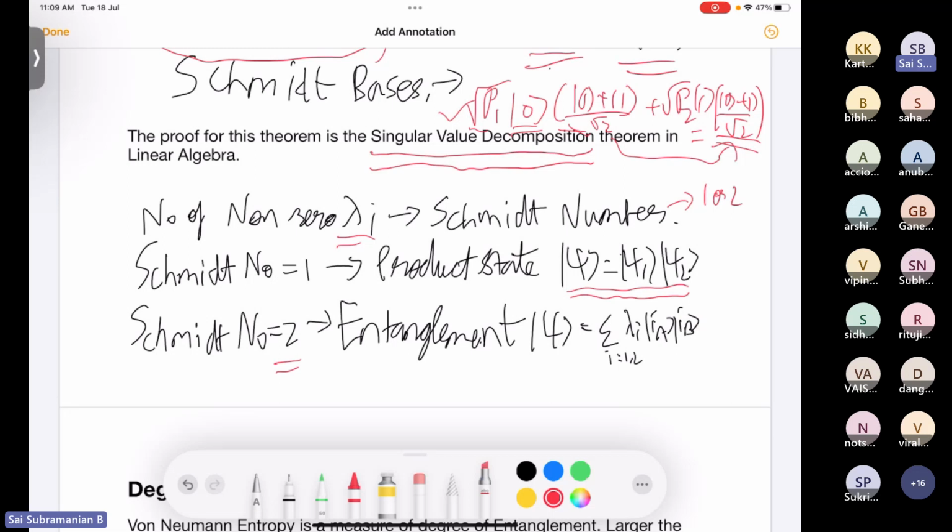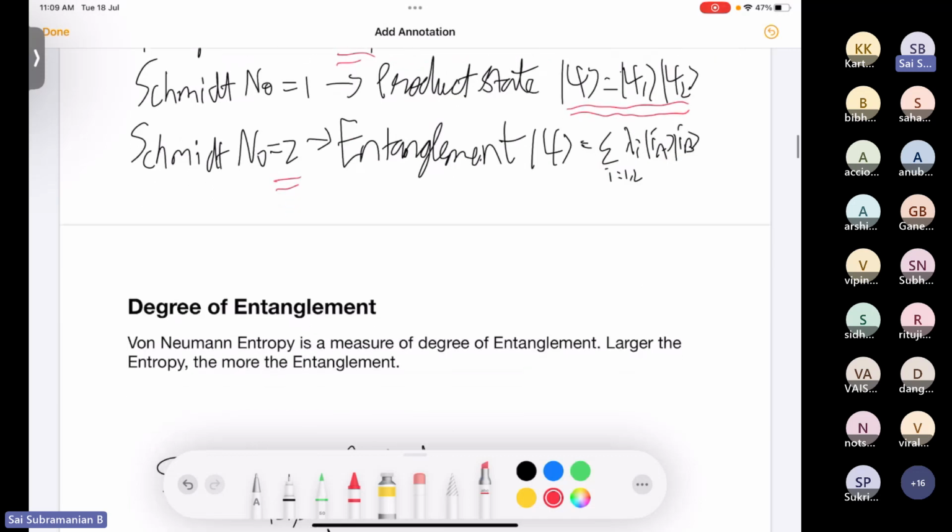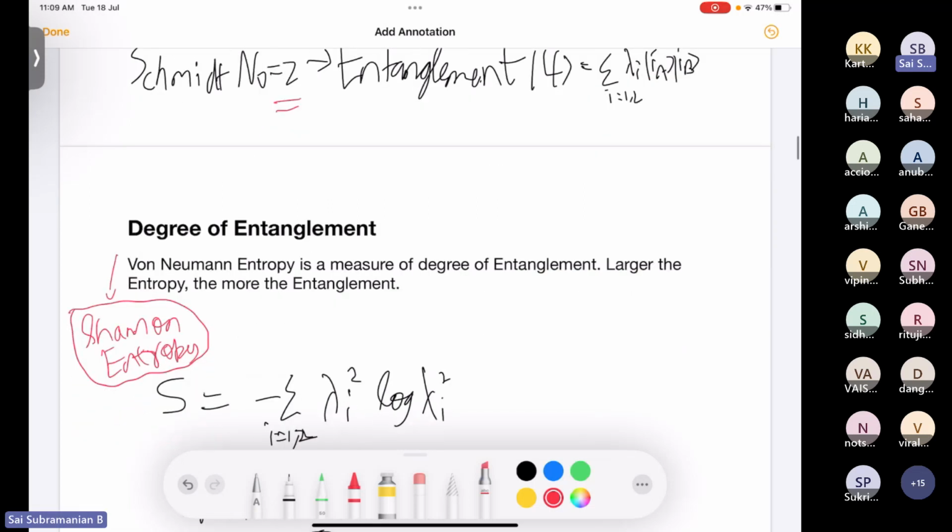If we want to know how much entanglement, that is how much one state affects the other, whether it affects strongly or whether it's a small change, we calculate something called the von Neumann entropy, or it's also very often called the Shannon entropy. If you've done any information theory or quantum information theory, quite likely you would have heard of the Shannon entropy.